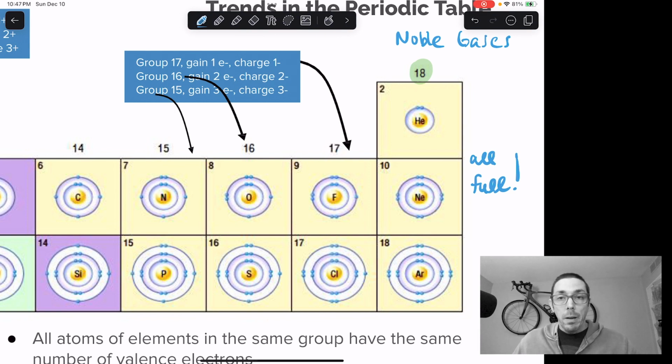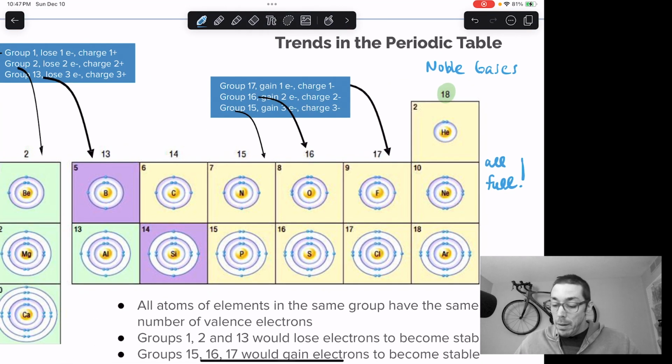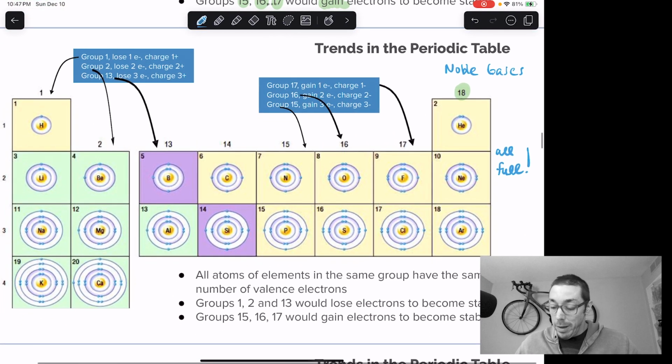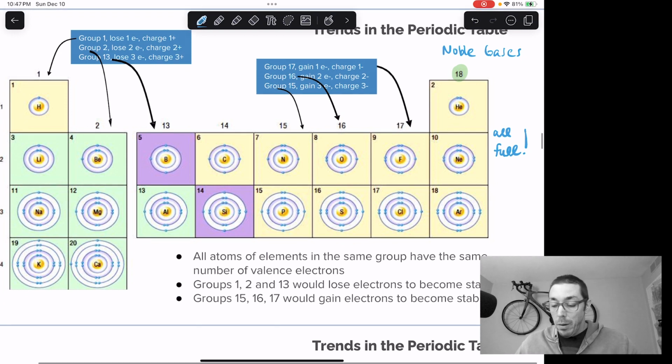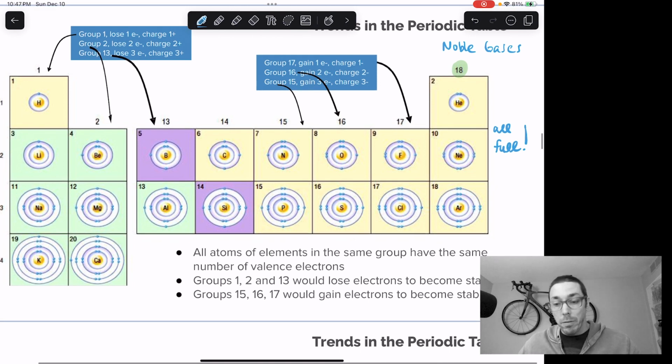They're already as stable as they can be, and all the other elements on the table are jealous of them because they don't have to gain or lose anything. They're already perfectly stable. So they don't really react much at all with other things. That's the reason: they don't need to get more electrons or give them away, so they don't really react.